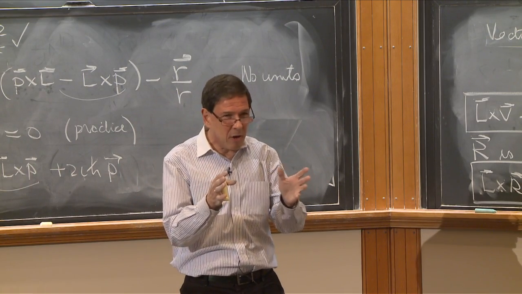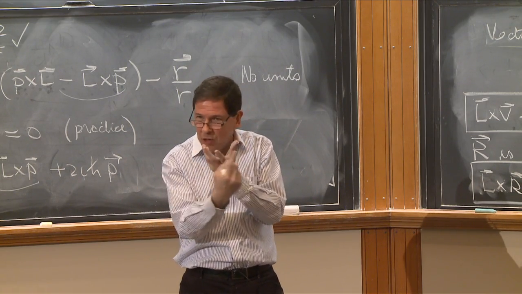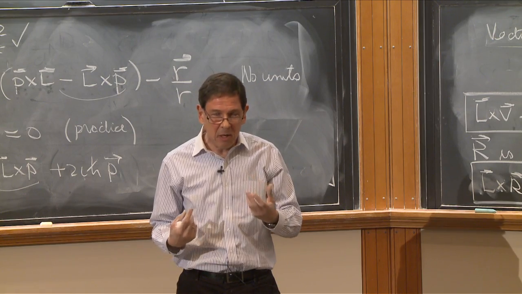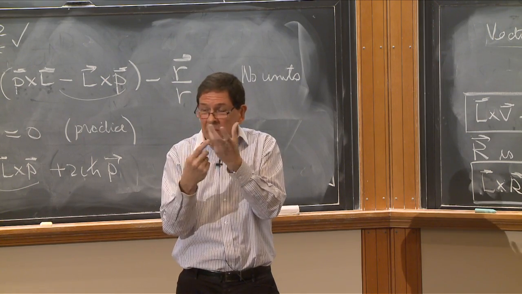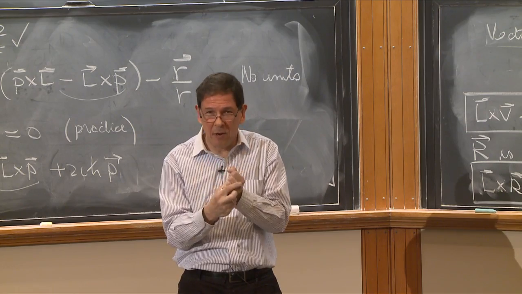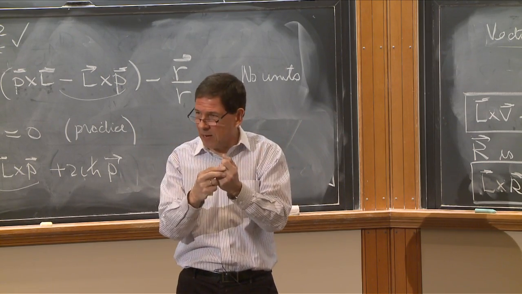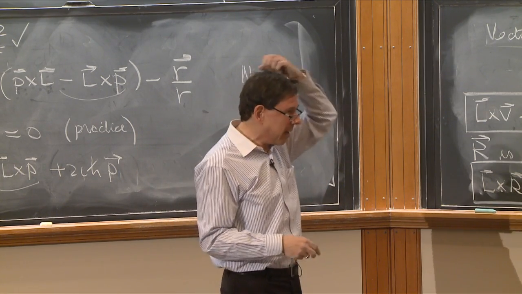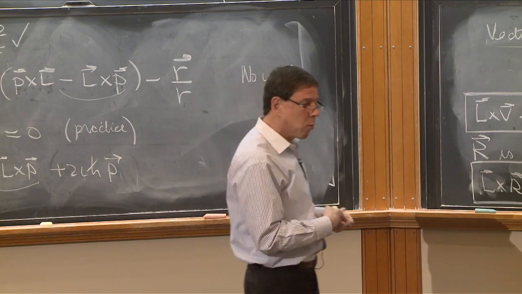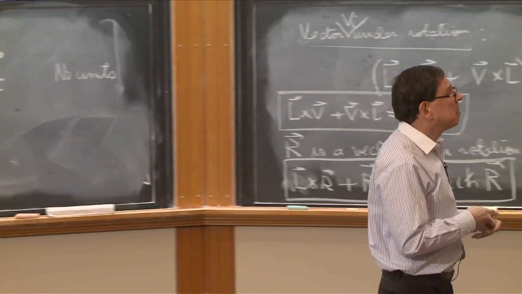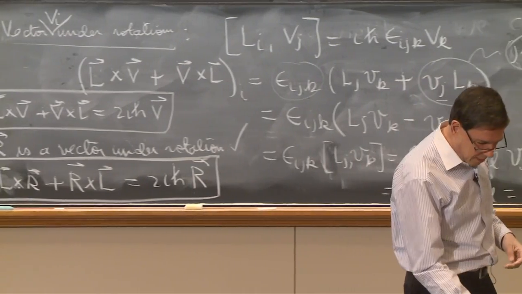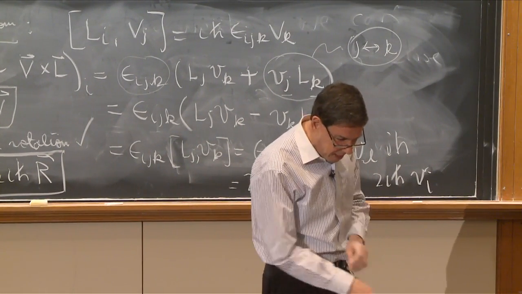Just like the angular momentum in the two-dimensional harmonic oscillator, that was not directly true angular momentum, but was mathematical angular momentum, these two angular momenta that we're going to build, one of them is going to be recognizable. The other one is going to be a little unfamiliar.